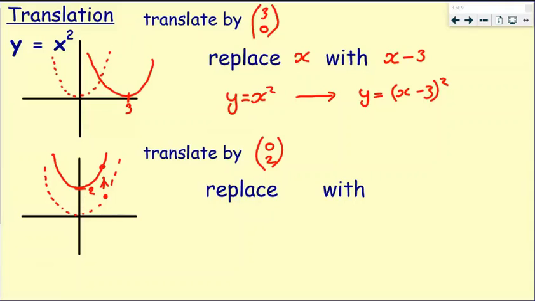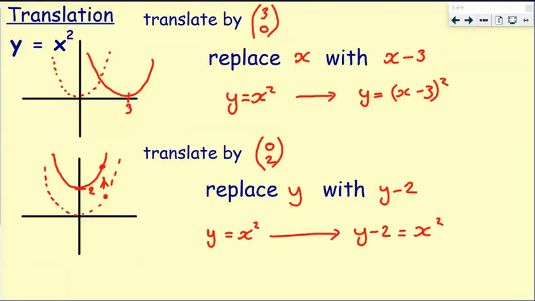The x coordinate is staying the same. So we're going to be replacing y with, and again, the opposite, y minus 2 to move up instead of y plus 2. Here, y equals x squared becomes y minus 2 equals x squared.